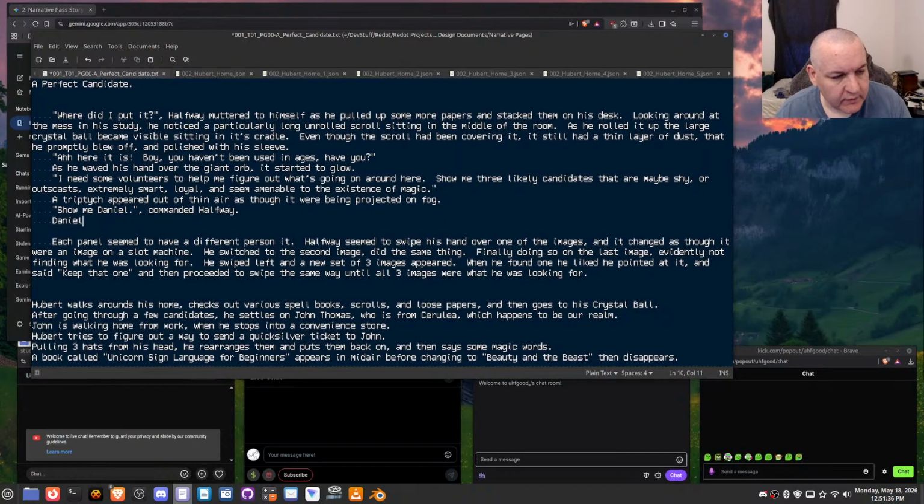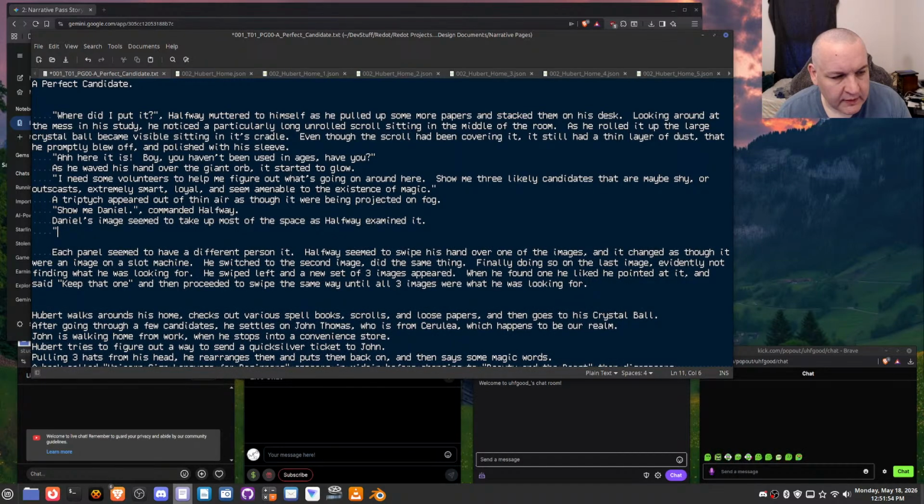Daniel's image seems to take up most of the space as halfway examined it. Let's see. Void. I don't know.